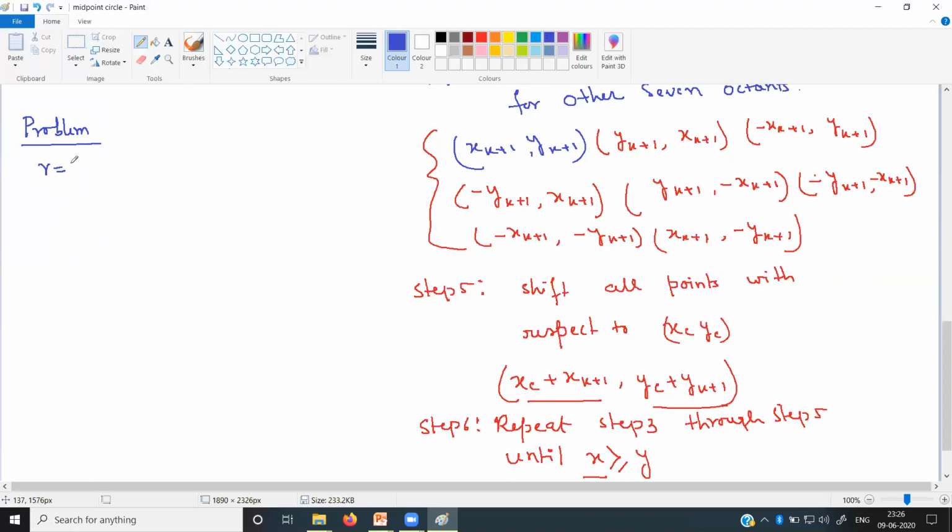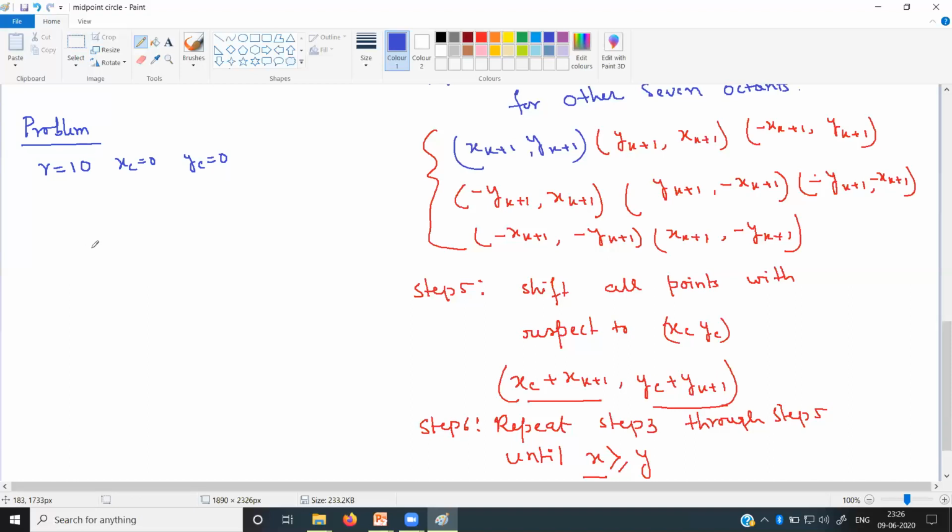Consider the radius of a circle is 10 and the center point is 0, 0. So r is 10, and xc is equal to 0 and yc is also 0.